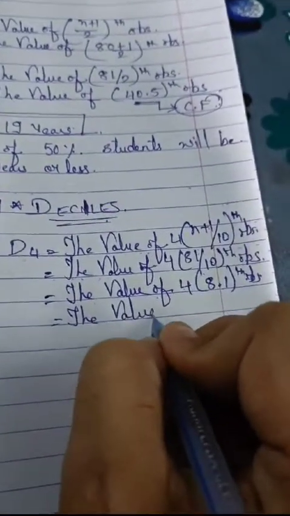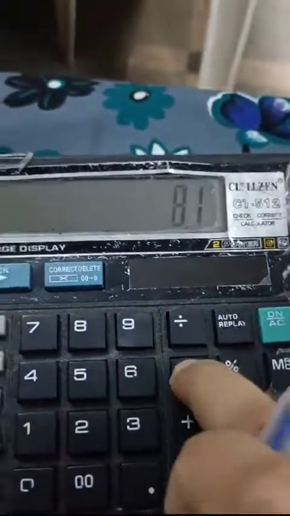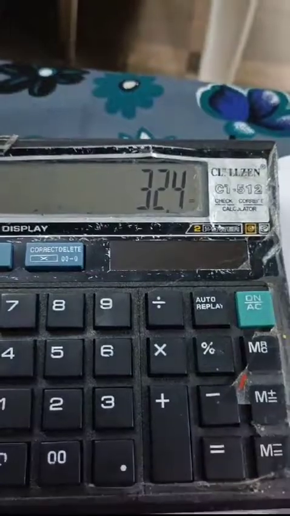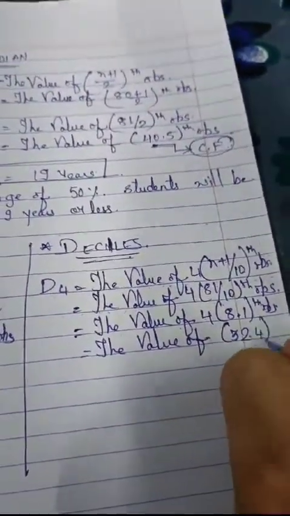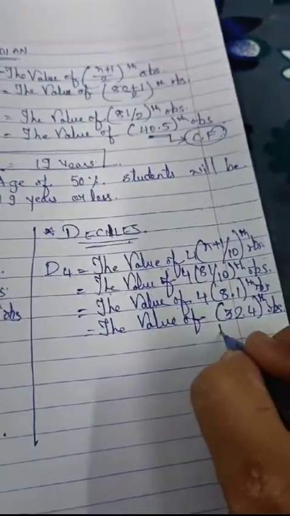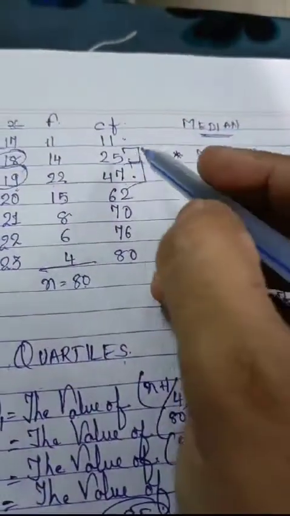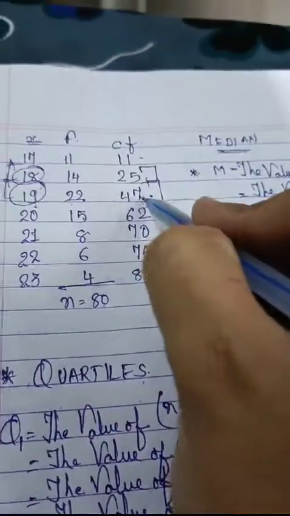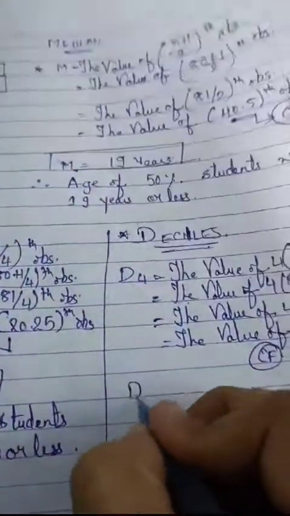The value of 4 into 8.1, that is 32.4. So 32.4th observation. This we will see where? In the CF position. So 32.4 lies in what? 47. So again the value of D4 is what?